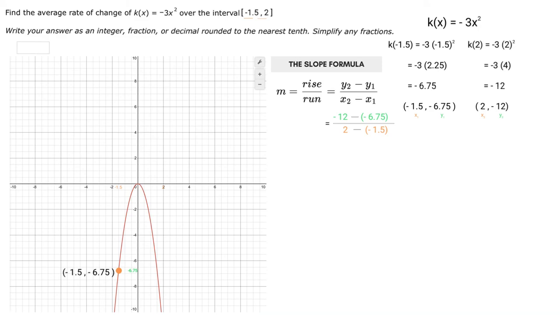And now we use our slope formula again, starting with y2: negative 12 minus negative 6.75 over 2 minus negative 1.5. And the minus negatives turn into a plus, and our final answer is negative 1.5. So what that means is that the average rate of change is negative 1.5. And we know that even though we can't see the second point on the graph, we still know it's there, and we can determine the slope using math.